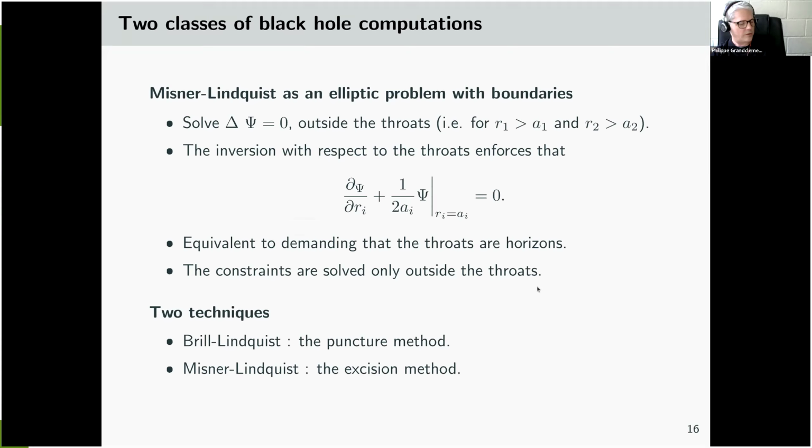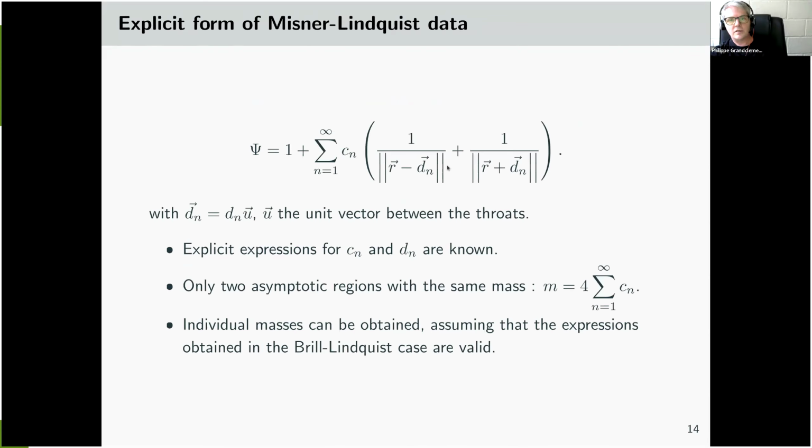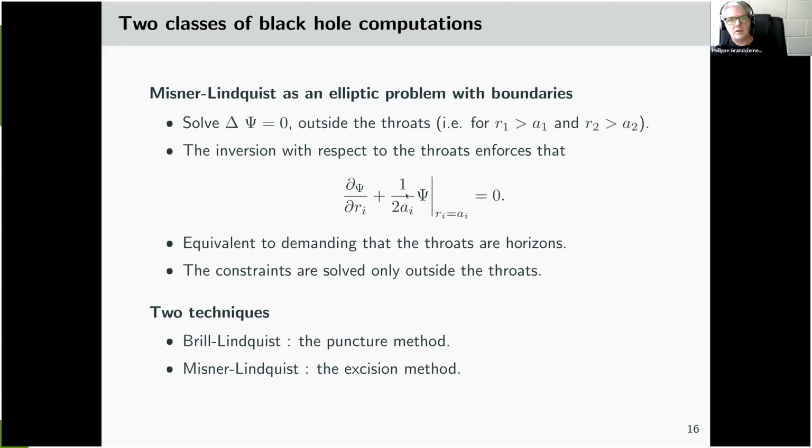Why am I talking about all those very old solutions? It's because they contain the same flavor as the simulations we do nowadays. You can actually show that the Brill-Lindquist, the Misner-Lindquist solution, so this one here, you can get it by solving for the constraint equation, that one here, only outside the throats.